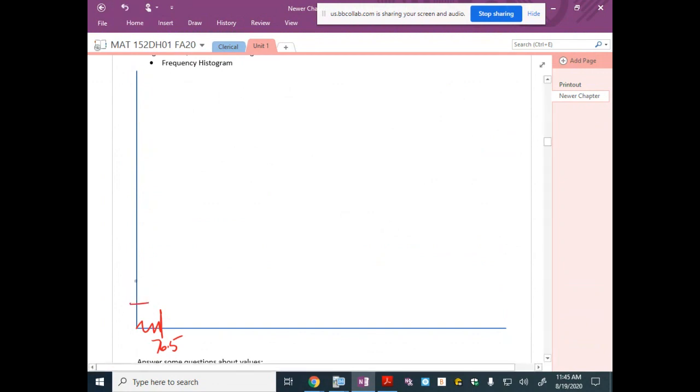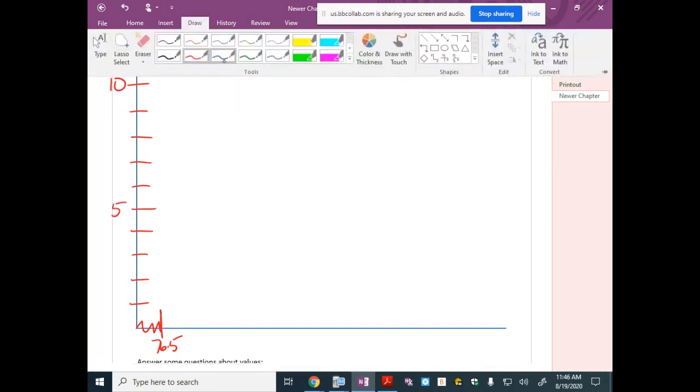I think what I'm going to do for next time I have you make one of these plots, I'm going to put graph paper on or something. 6, 7, 8, 9, 10. Boom. 5. So these are the frequencies.